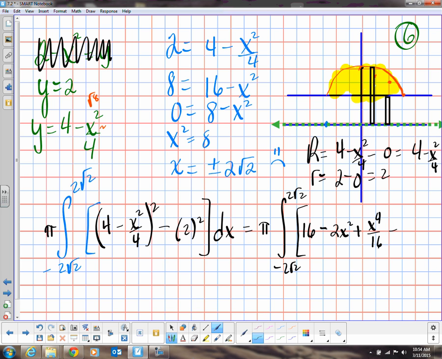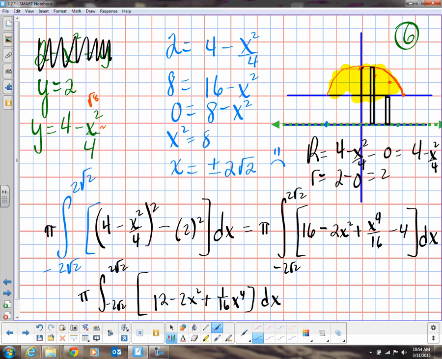And then we've got minus 4 dx. And what's 16 minus 4? So we're going to end up with 12 minus 2x squared. And from there, you have to finish it. I'm going to write that as 1/16 x to the 4th because I think it's easier to do. Okay. Other questions?